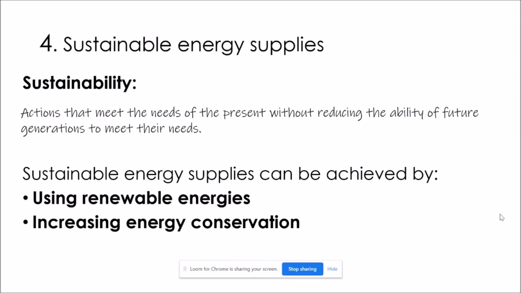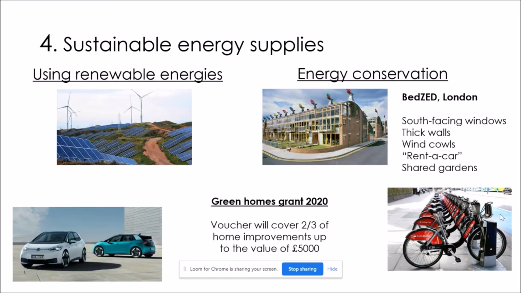But we need to make sure that this is not just about renewable energy, because actually part of making sure that energy is sustainable is to make sure that we are not using too much of it and we're conserving it wherever we can. So across both your studies that you've done in resource management, but also your studies particularly of things like urban challenges in year 10, we've looked at lots of ways in which we can make sure that energy is sustainable.